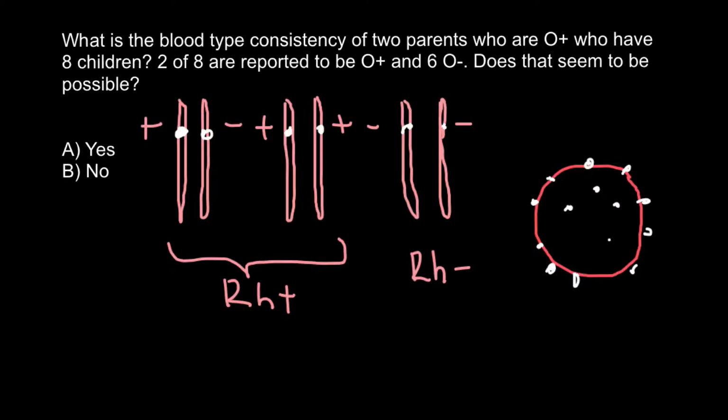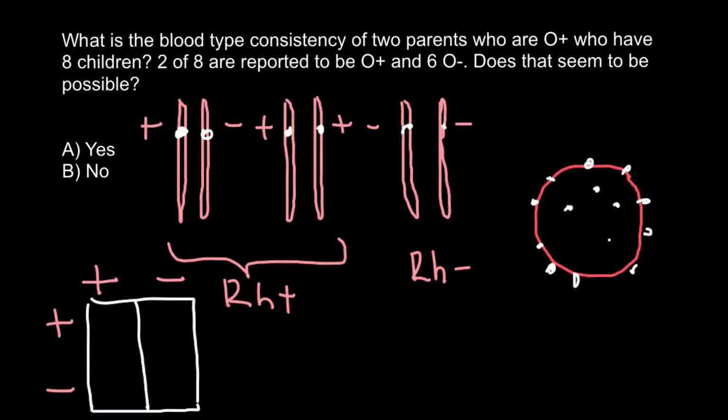and these 2 genotypes would be Rh positive. Now imagine that someone who is heterozygous for this factor, whose genotype is going to be positive and negative, would mate with someone who is also heterozygous for this trait. When we build a Punnett square, as you see, we can predict the outcome of such a cross, and results would be as follows: positive positive here, positive negative here, positive negative here, and negative negative here.